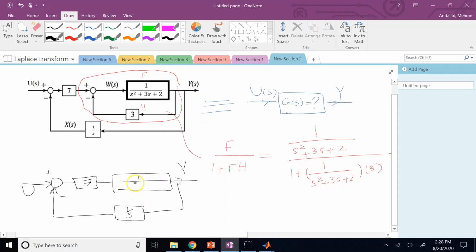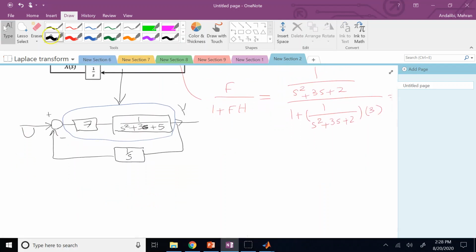And this is 1 over s squared plus 3s plus 5. So I have simplified it. Now if you look, these two blocks are in series. So I can replace both of them with a product of the two, right?